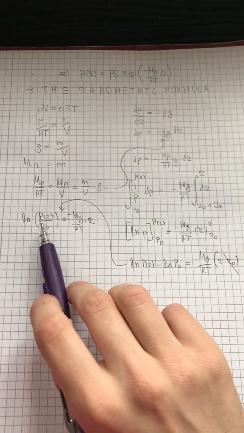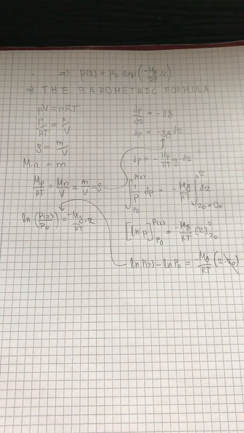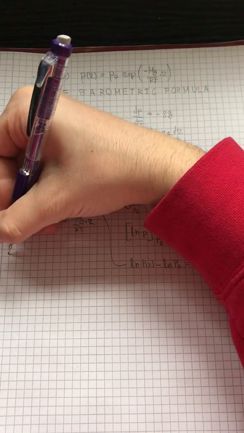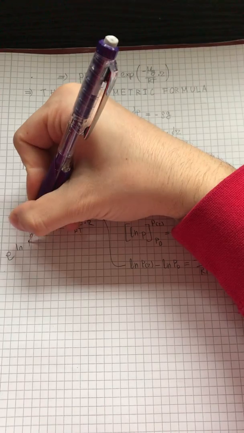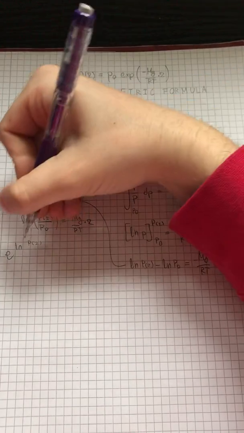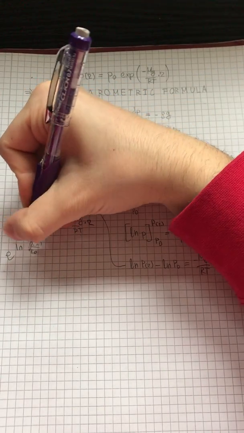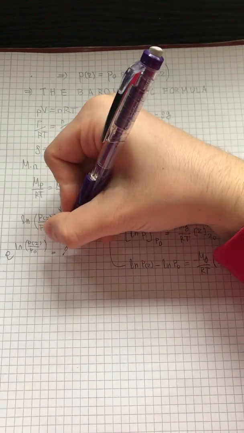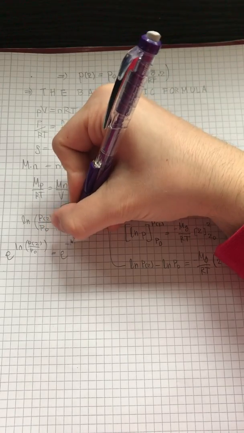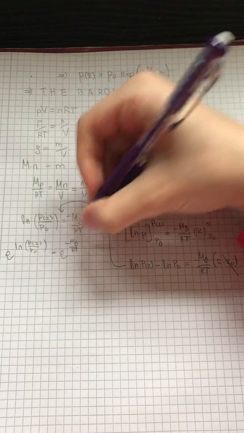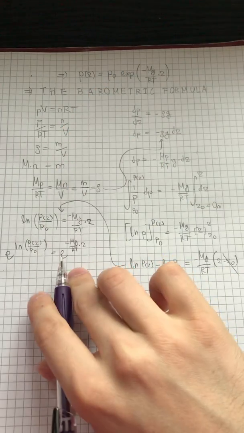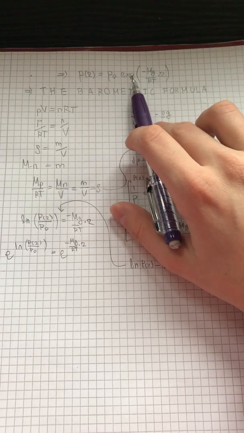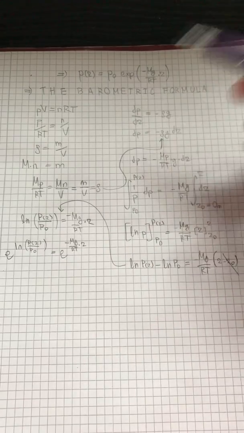From here, we can raise both sides to the e, so we can cancel out the natural logarithm, and doing so gives us an expression. For future reference, I'm going to use the shorthand that we used in the beginning, exp, which is equivalent to e to the power of.